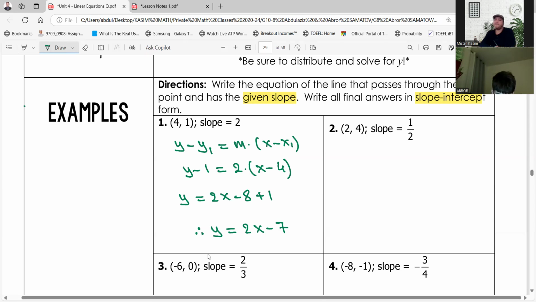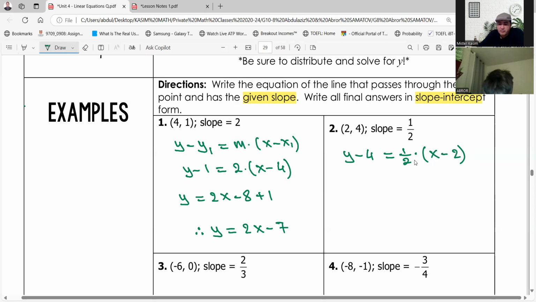Right? Okay, another one, how about here? I'm just going to put it into the formula. Here we have the formula, okay? So it will be y minus y1. What is y1? It is 4, equals slope 1 over 2, times x minus 2, right? Okay.